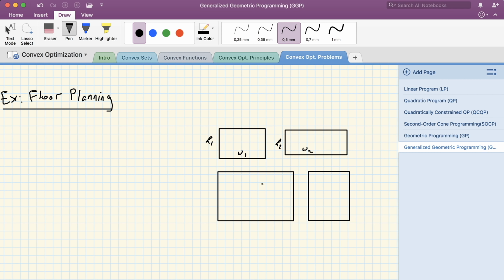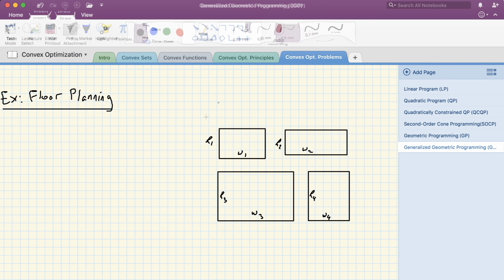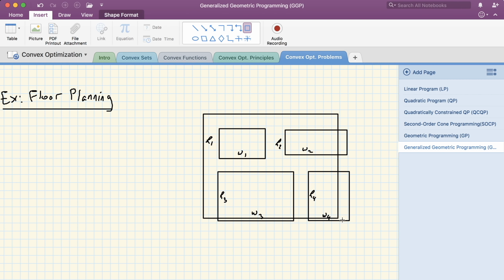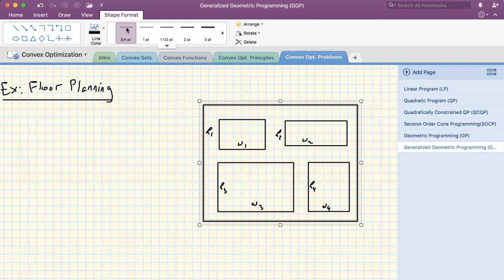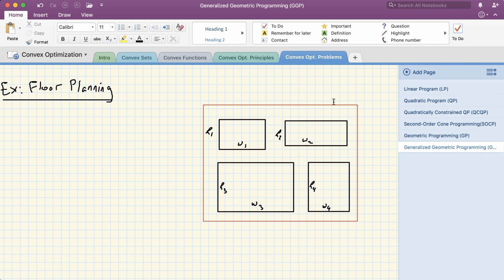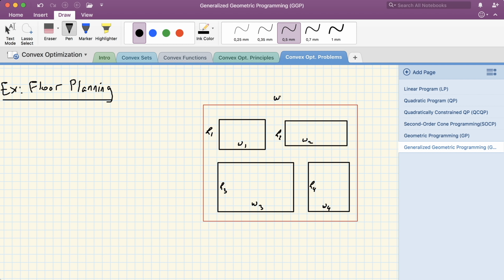So h2 w2, h3 w3, and h4 w4. So I'm given those 4 rectangles, let's say, and our problem is to find the smallest rectangle that fits all the smaller rectangles. So the rectangle on the outside with width w and height h, given some limitations.